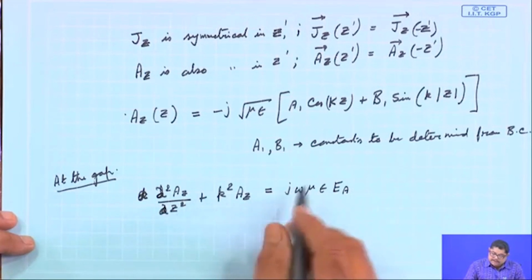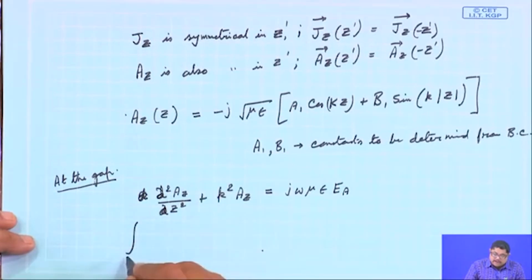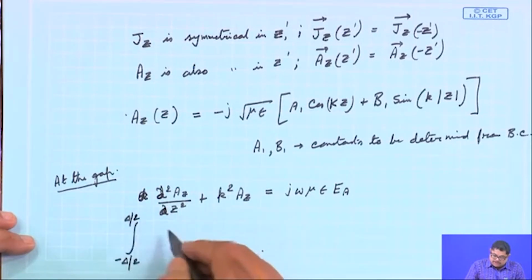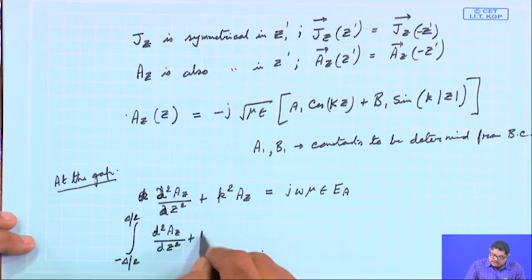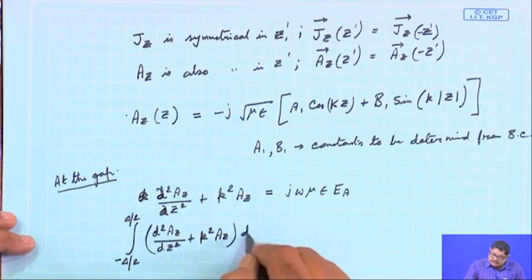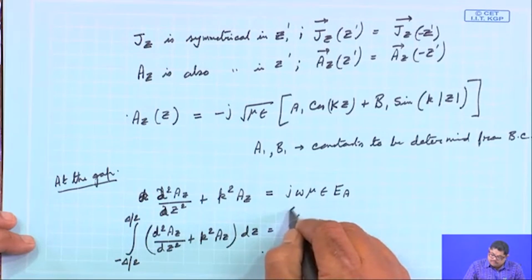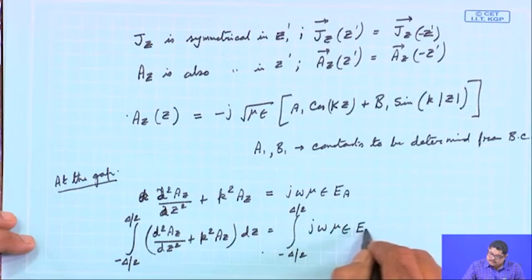Now, let us integrate this whole thing over the gap. So, we are integrating from minus delta by 2 to delta by 2: del square Az by del z square plus k square Az dz is equal to the integral from minus delta by 2 to plus delta by 2 of j omega mu epsilon Ez dz.